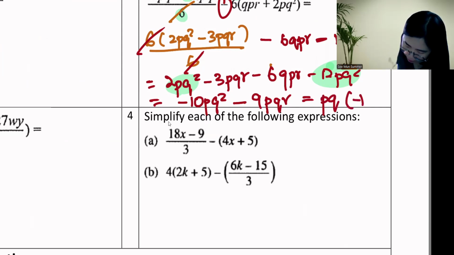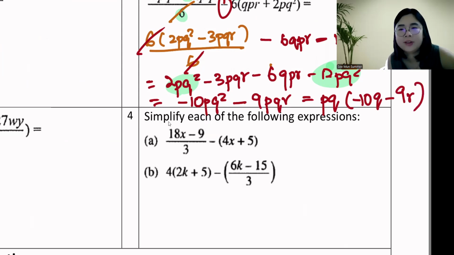And then negative 10Q, I think I am left with negative 10Q, and then minus 9. PQ, no more negative R. Okay. So for a fraction, at the answer at the back, we shouldn't have a bracket. But for normal numbers like this, we have to end with brackets. Okay? So far, so good.